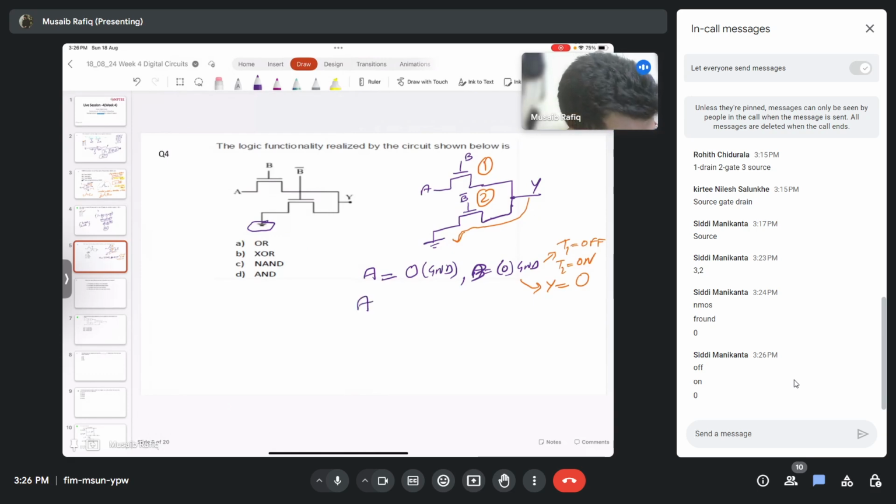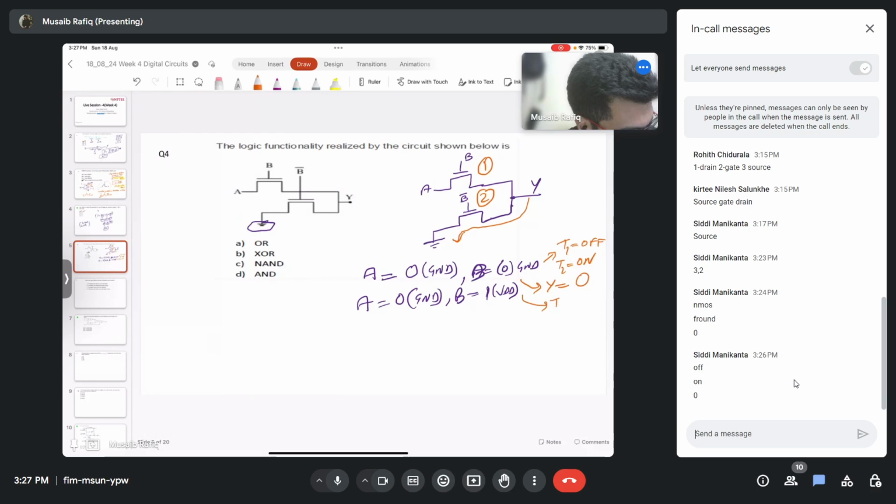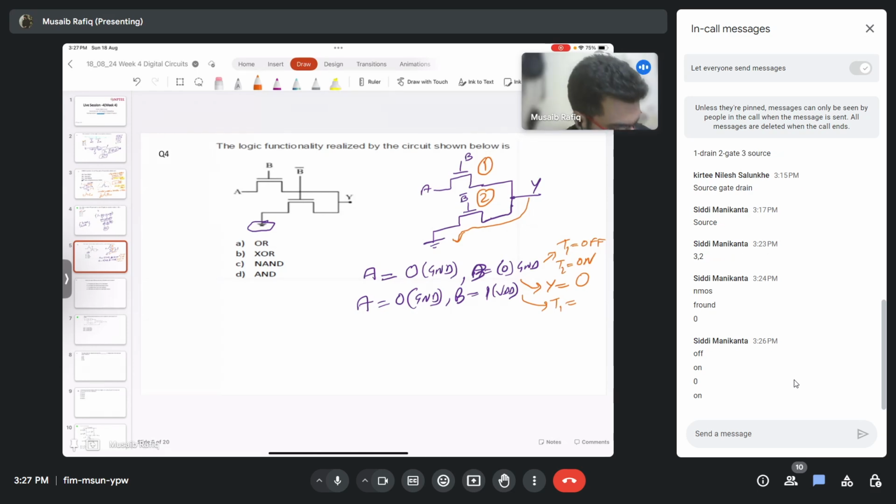Then I have my second case, A equal to 0, that is again ground, and B equal to 1, that is VDD, the supply voltage. Is T1 on or off now when A equal to 0 and B equal to 1? Yes, T1 is on and T2 will be off.